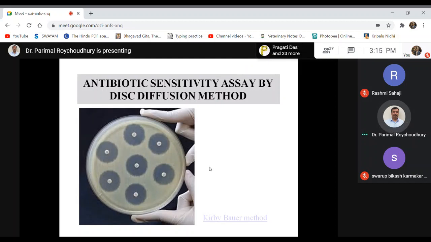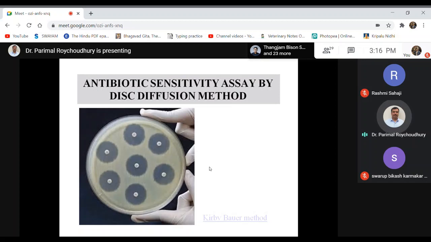We had different types of antibiotics, and because of their prolonged use for treatment in animals and humans, the bacteria are again very clever creatures. They start developing some sort of resistance against these antibiotics, and antibiotic resistance has become a big issue today.